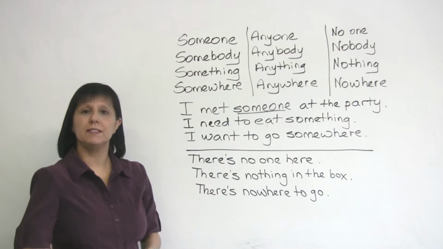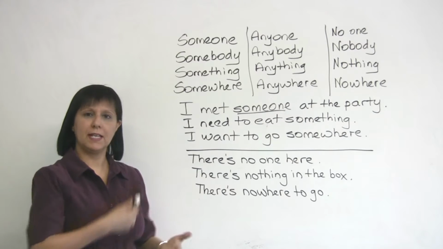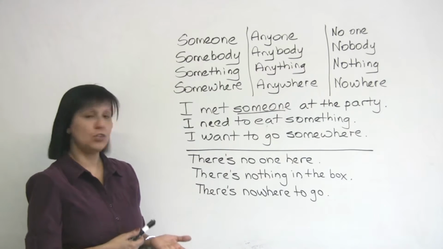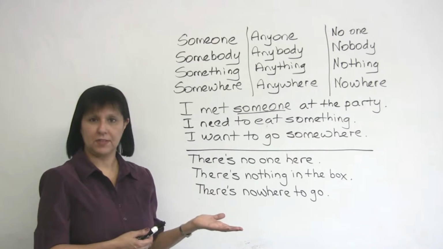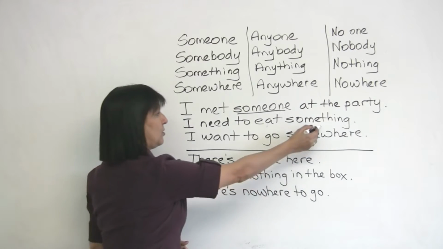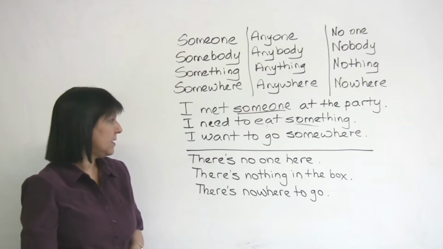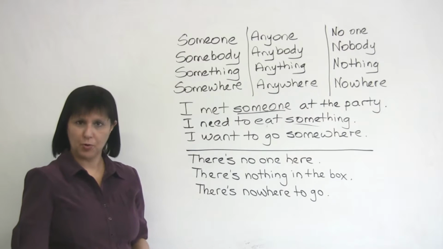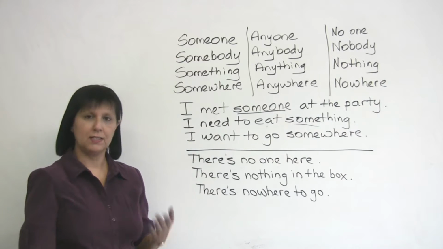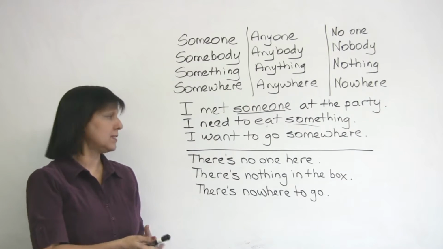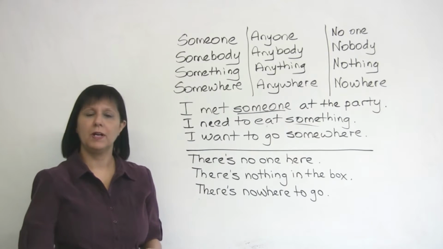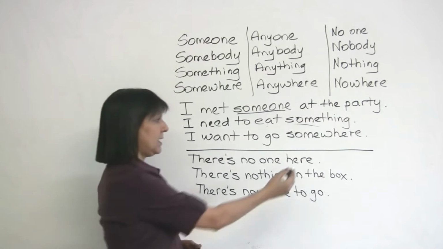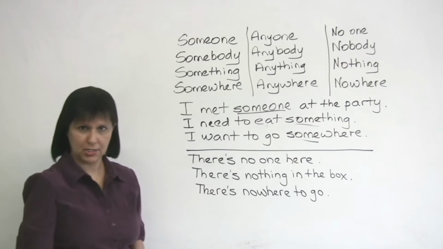I need to eat something. If we make it negative, it is I don't need to eat anything. Again, this word will change. I want to go somewhere. Positive sentence. When we make it negative, it becomes I don't want to go anywhere. So again, this word will change.